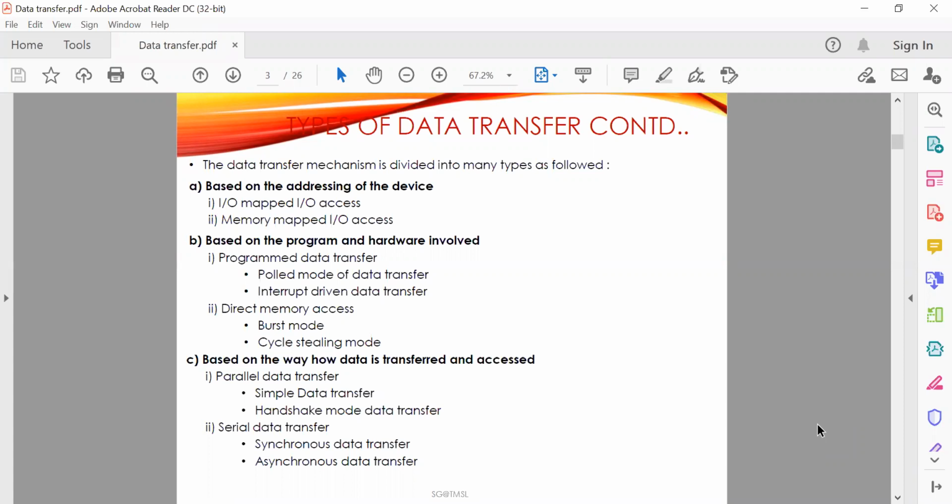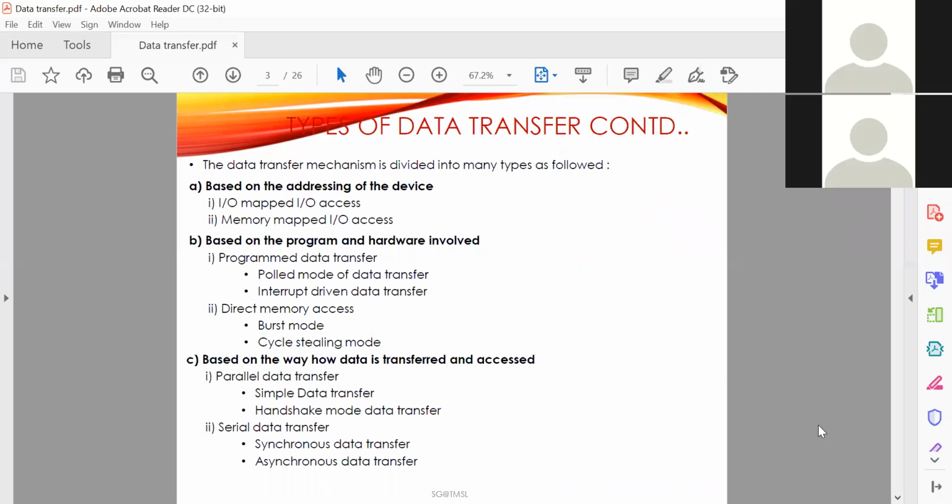Okay, so direct memory access. Now one thing, in programmed data transfer, the processor is actively involved in the entire data transfer process. So the data transfer rate is very limited. Now the processor is tied up and processor time is wasted.